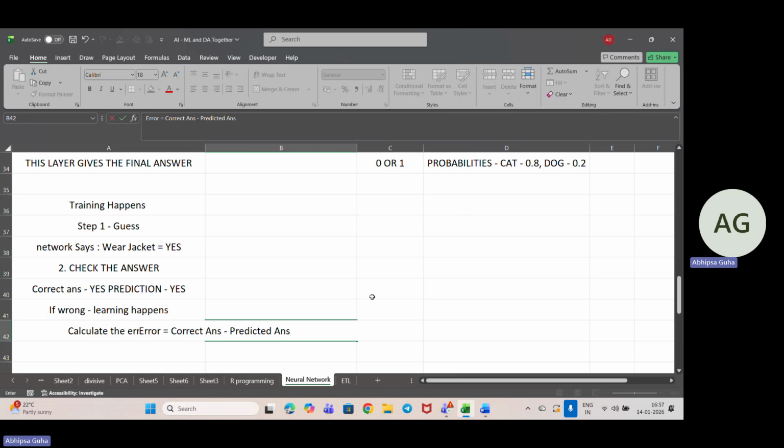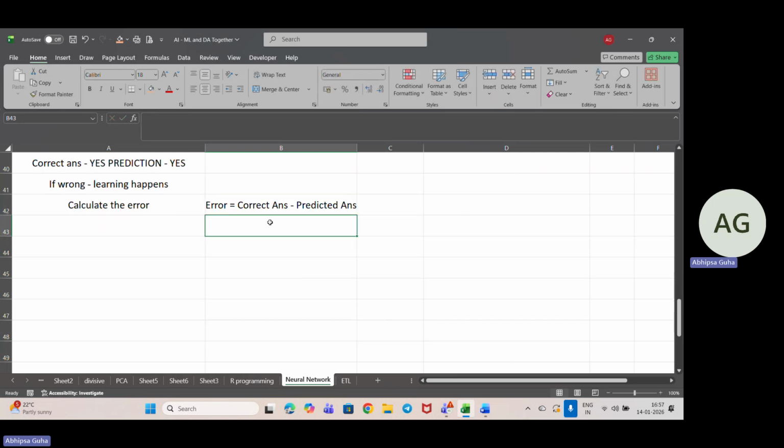Suppose my correct answer was 1, but I have predicted 0. Then the error that I am getting is 1. So we have calculated the error.